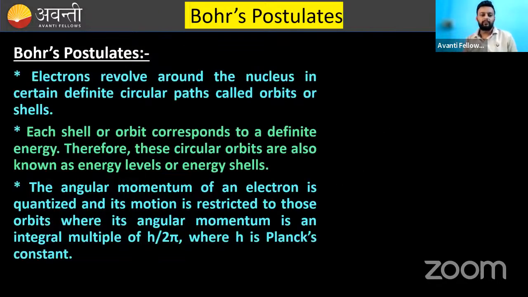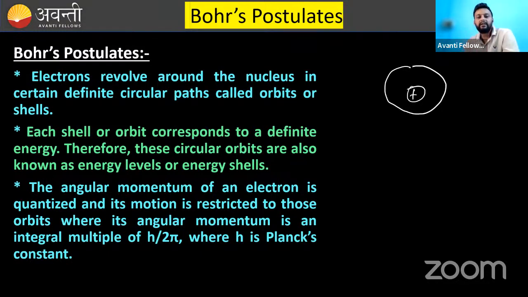Now comes Bohr. The problem with the Rutherford model was eliminated by Bohr. What it says, listen, electrons revolve around the nucleus. Now listen to me very carefully. This is a nucleus around which electrons are revolving.